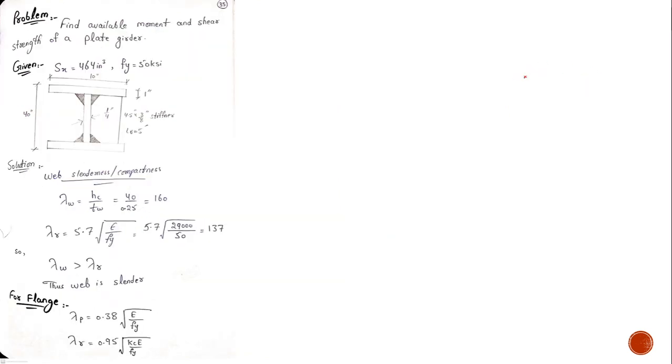Next, for example, this is our question, and we have to find the moment capacity of this plate girder. Some data is given: this is the yielding stress of the steel of which this plate girder is made, and also this is the section modulus.